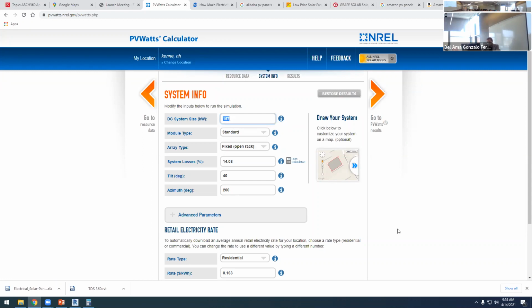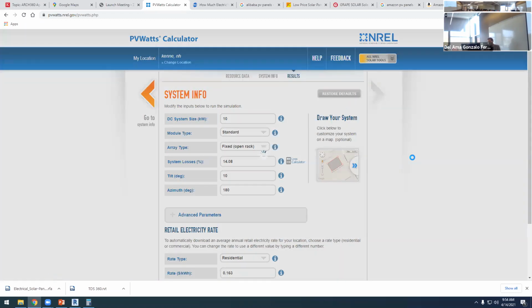Imagine that we have a 10 kilowatt DC system size, and the azimuth is always 180 because it's south, and we want to compare different angles. I want to compare 10. The angle is 10, the DC system size is 10, and then I go to the results.